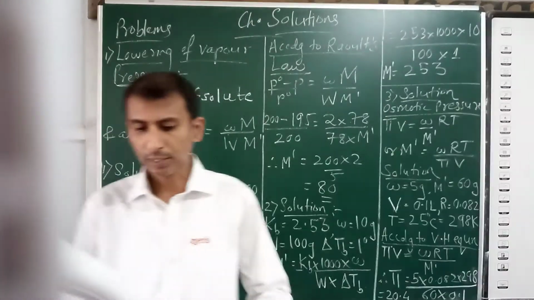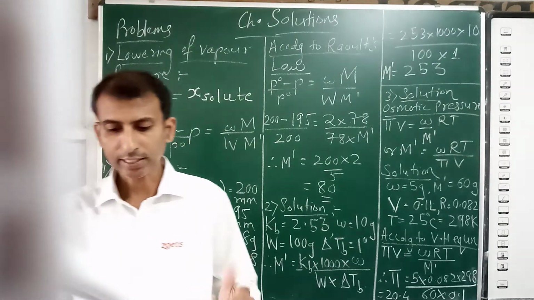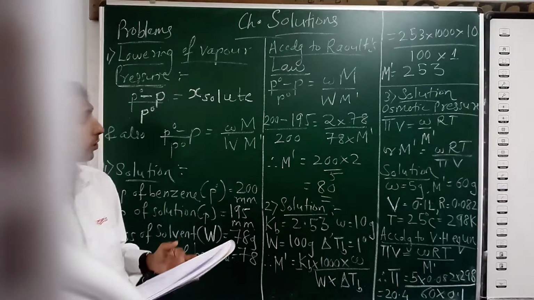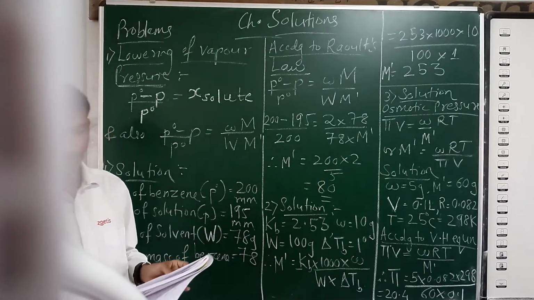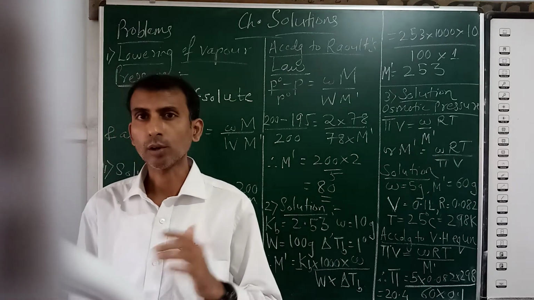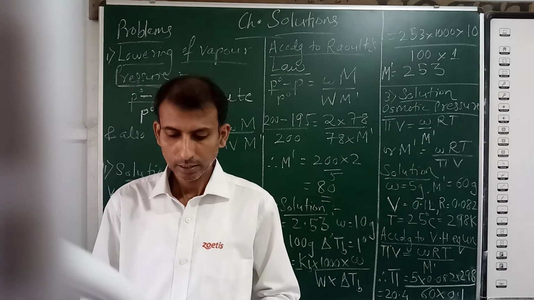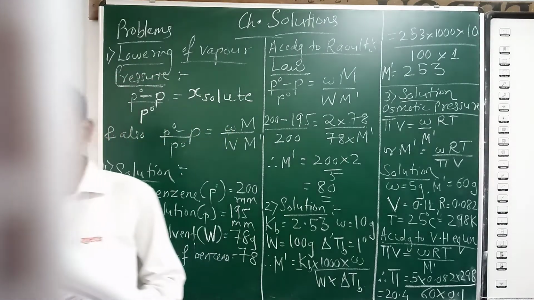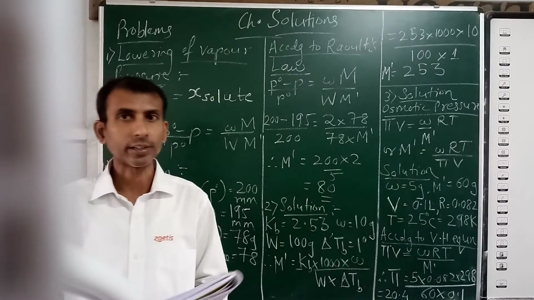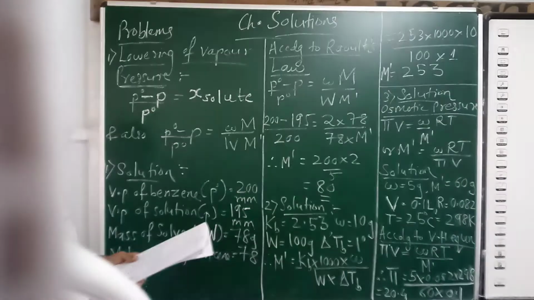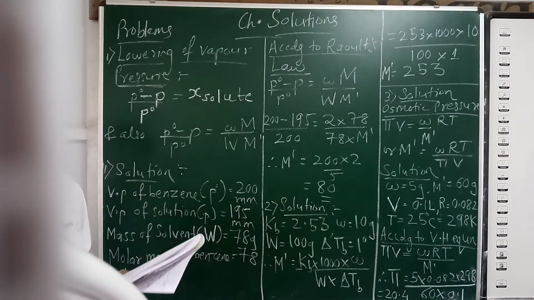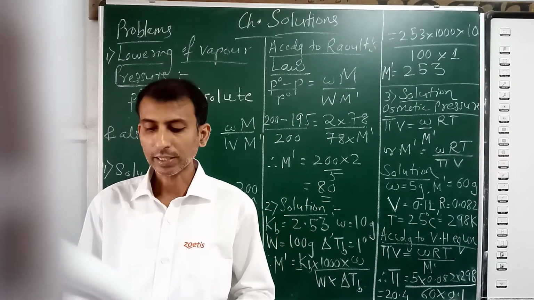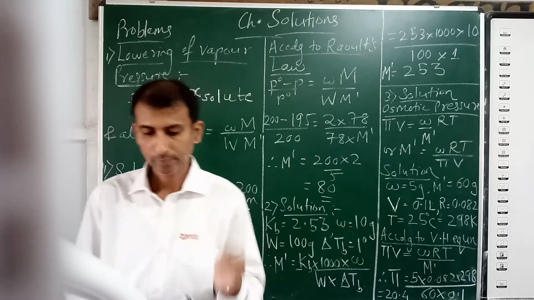Question is, the vapor pressure of pure benzene at a certain temperature is 200 mm mercury. At the same temperature, the vapor pressure of a solution containing 2 grams of non-volatile solid in 78 grams of benzene is 195 mm mercury.